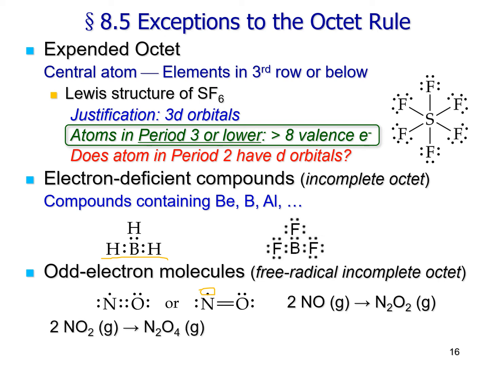And the same situation occurs in nitrogen dioxide as well. Because one nitrogen, 5 dots, 12 dots from 2 oxygen atoms, that makes a total of 17 valence electrons. Again, nitrogen is going to have a single dot.